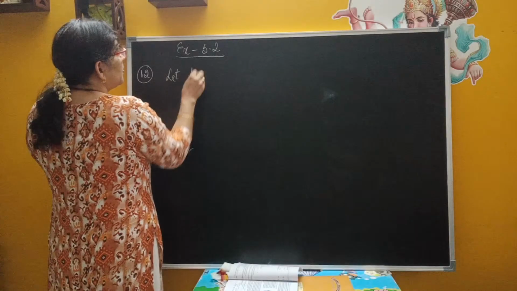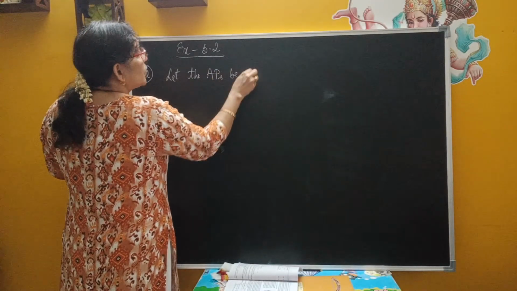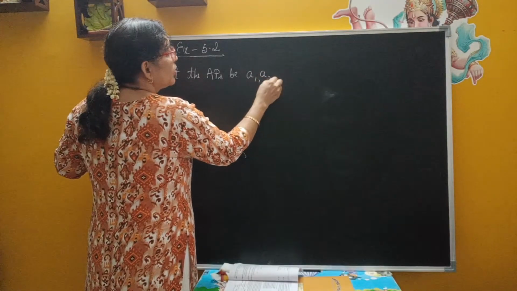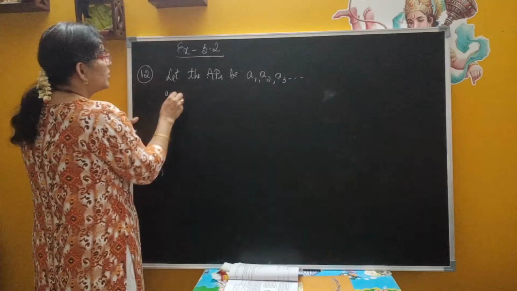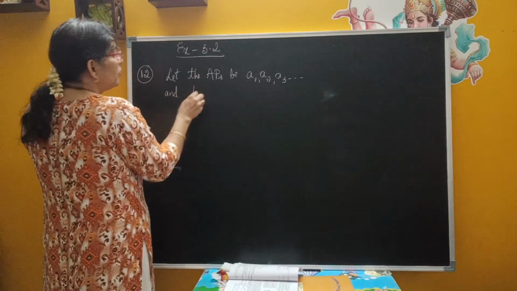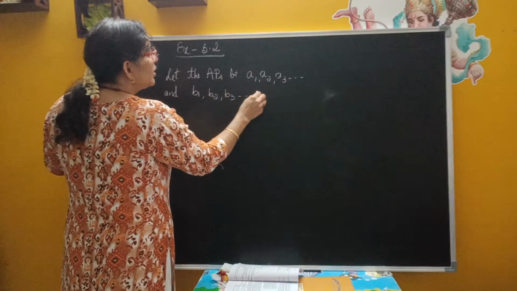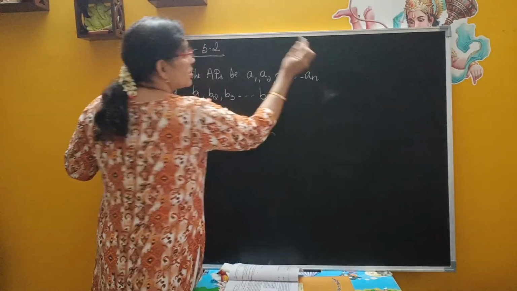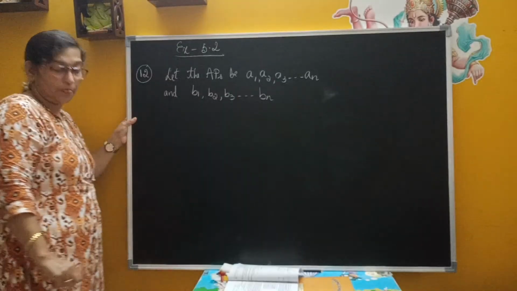Let the APs be, first one I take A1, A2, A3, etc., and the second one B1, B2, B3, etc. Let us take till An. The last term is An here. Here the nth or last term is Bn.